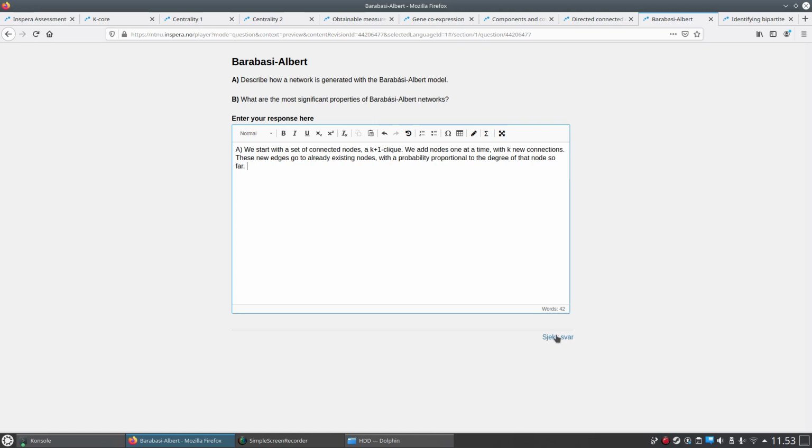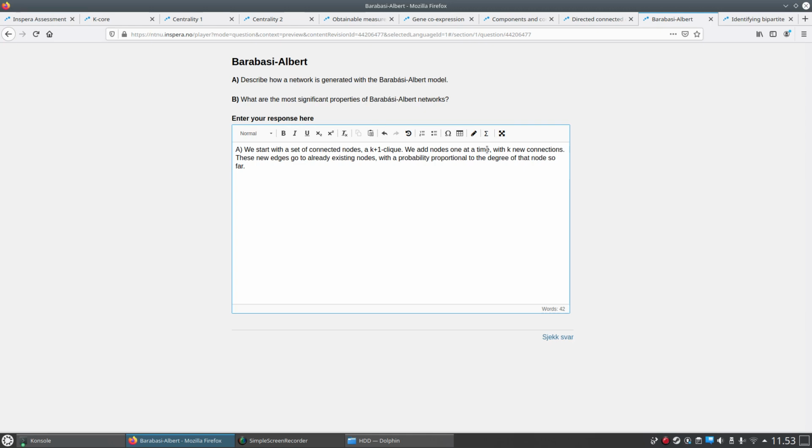Fine, now we have a 4-clique. Now we add another node with degree 3, and now not everything is going to be connected, so we just pick 3 of the 4. They all have the same degree so far. So we pick 3 of the 4, and we connect that new node to those 3 nodes that we picked. And then we add another node, and we do the same thing.